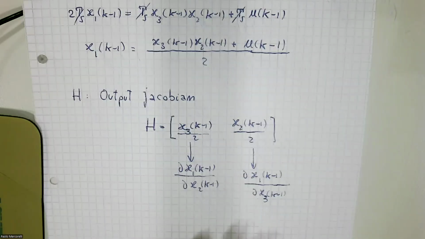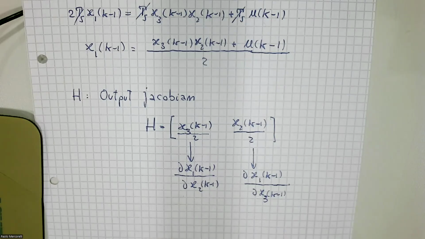And the Jacobian, believe me, if I recalculate it in this form, is a different Jacobian which does not depend on Ts. Of course, it does not depend on Ts because we don't have any dynamics in the output in this sense.